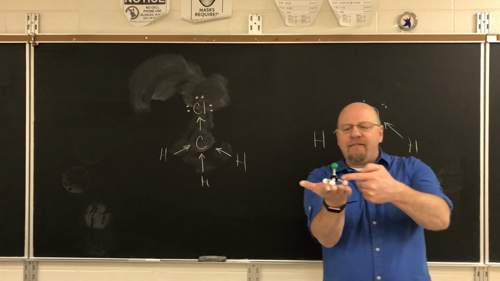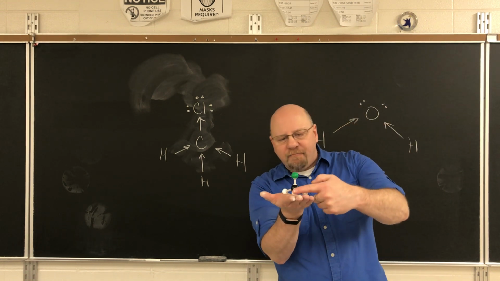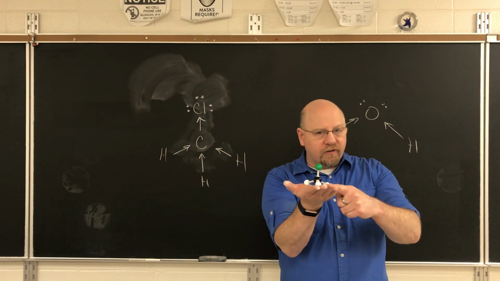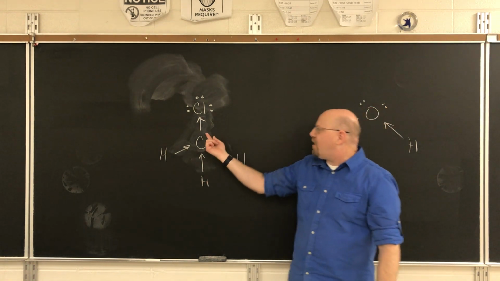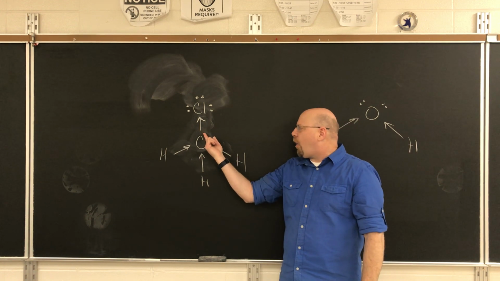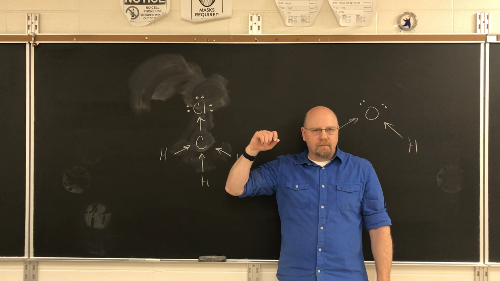Because instead of having only positives all the way around, now I have positive charges from the hydrogens, and I've got a negative charge on the chlorine. Because the electrons in the bond between carbon and chlorine are shifted towards the chlorine.